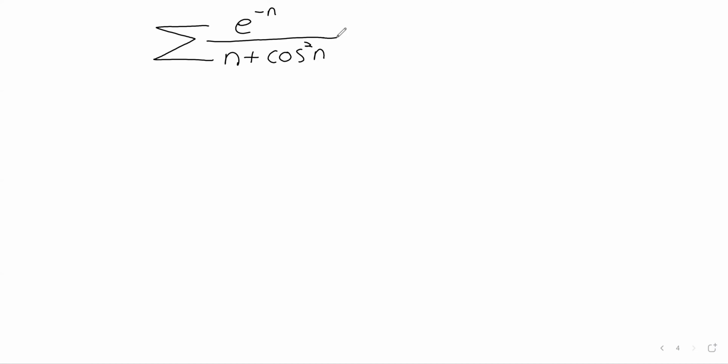A negative power goes into the denominator. And 1 over e to the n, this certainly converges. It's a geometric series. So that e to the n is tending towards convergence.